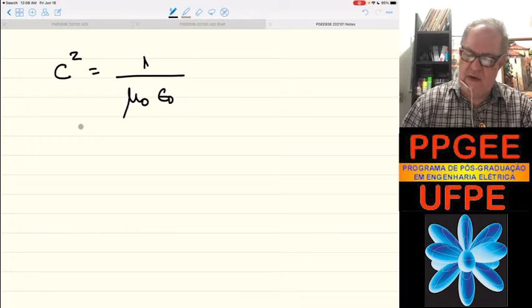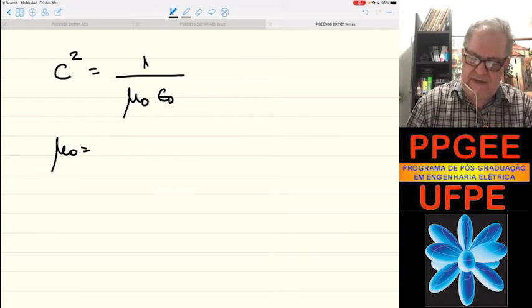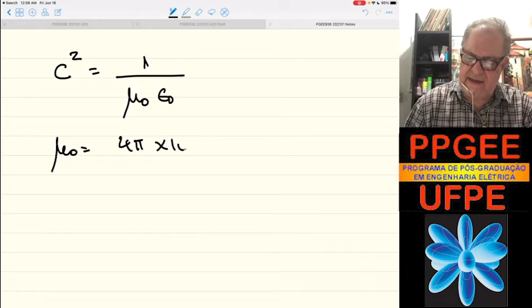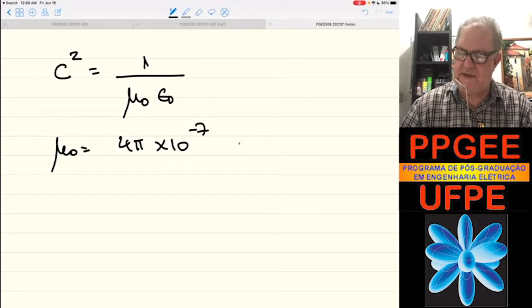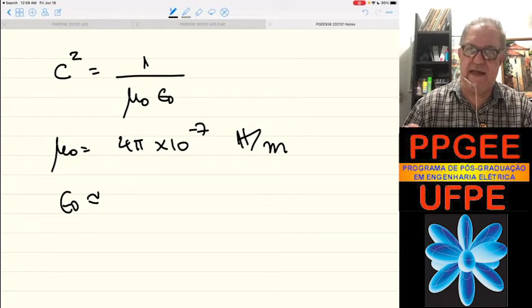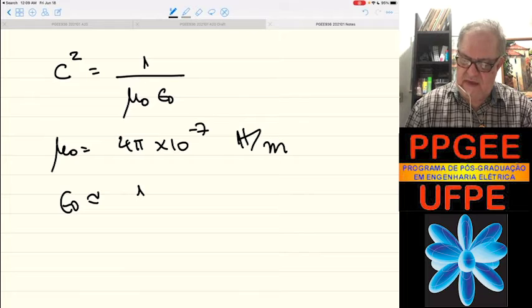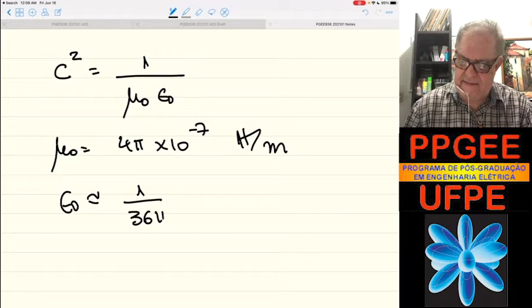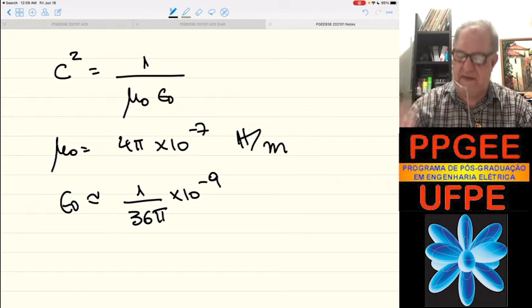We have, let's calculate that. Recall that mu0 is 4 pi times 10 to the minus 7 SI units, which is Henry per meter. Epsilon 0 approximately, right? I'm not going to calculate exactly, but approximately, is 1 over 36 pi times 10 to the minus 9, farad per meter. So we're going to have an approximate figure for this parameter c.